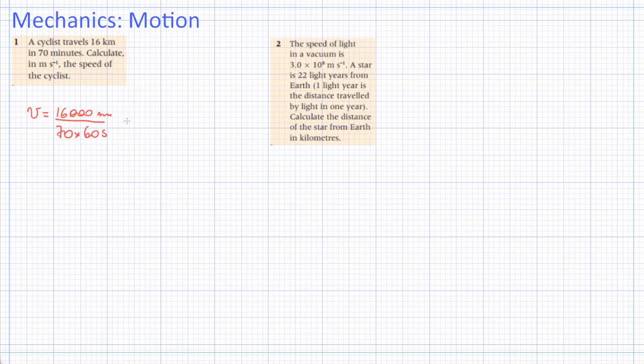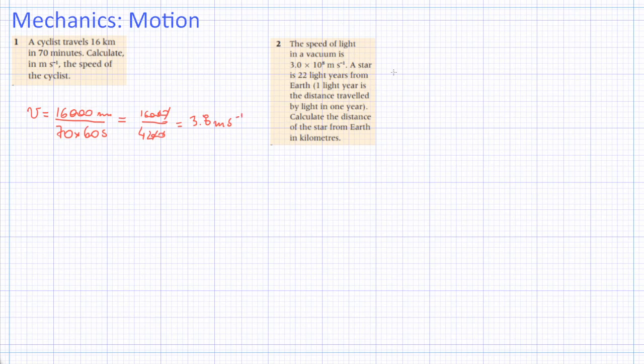Remember to always keep units whenever possible in your SI units. So 16,000 divided by 70 times 60, that would be 16,000 over 4,200, so you can cross out some zeros. So this would be 3.8 meters per second. There you go.